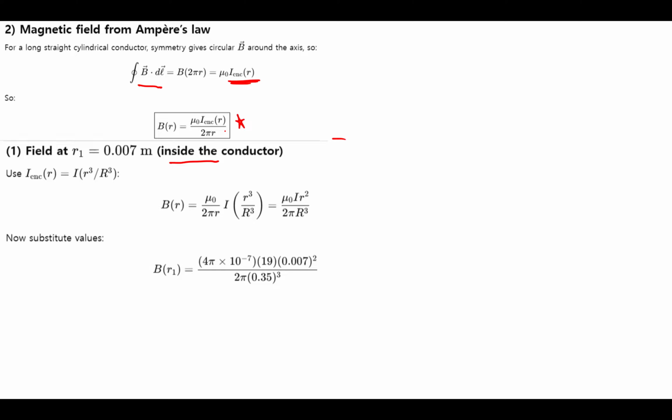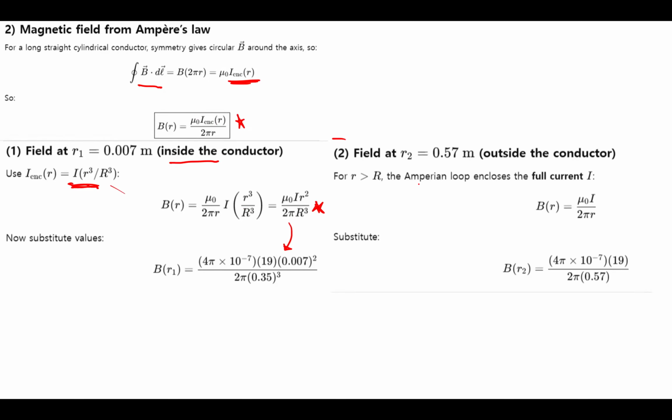Inside the conductor, the current is given by this one, so that we can just calculate this formula, and from this we can calculate the magnetic field. And for R2, which is outside, I is the value which is given, so that we can get B at R2 here.